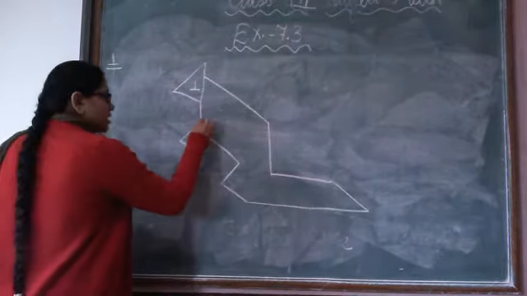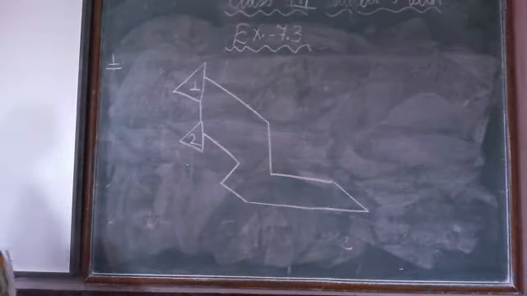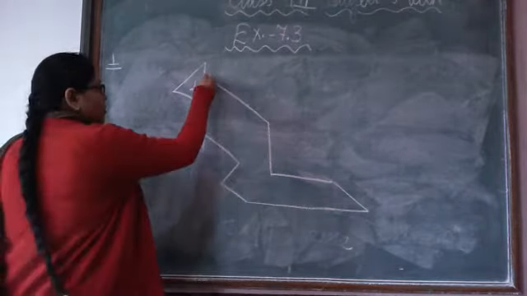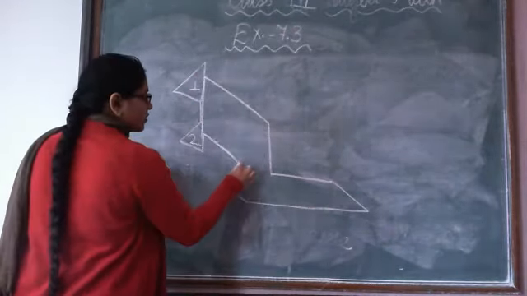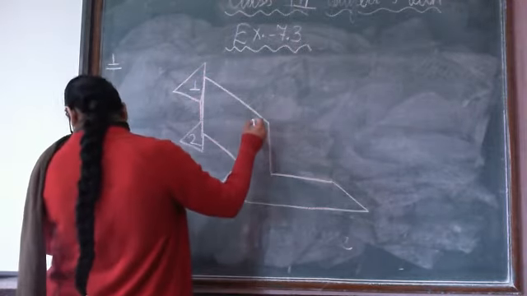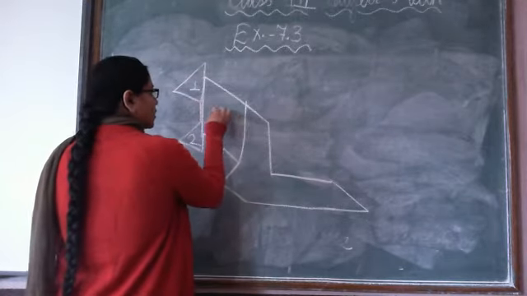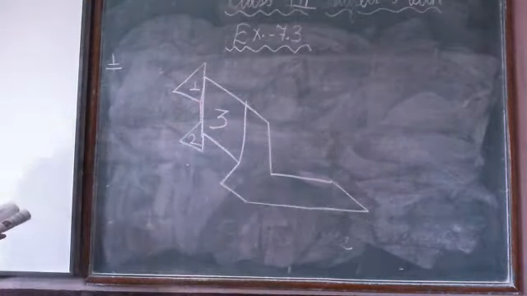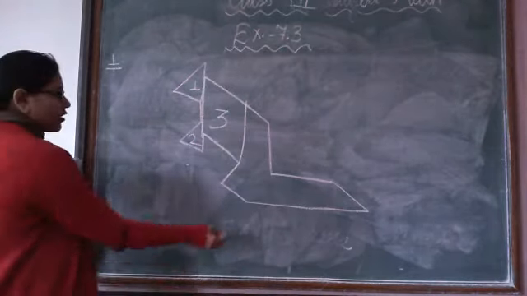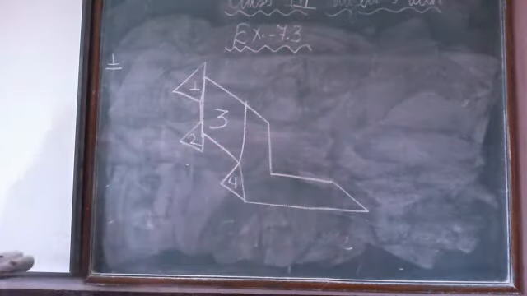So this is the second one. These two we can see, just see and mark. So this is the third one. This also we can see. Now directly again we can see a triangle. So this is the fourth one.